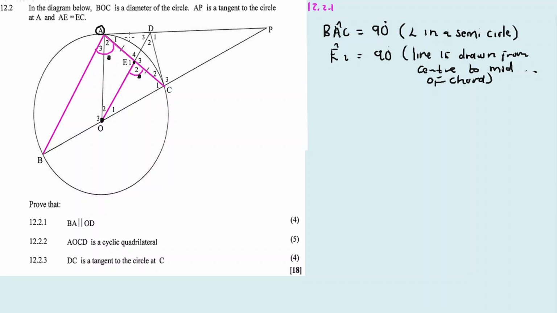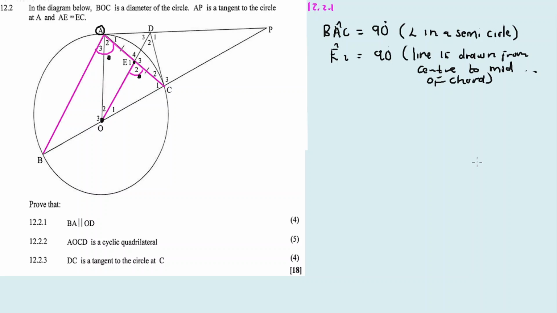From the center to the midpoint of a chord, this line AE is equal to EC. So the line bisects this chord, which is theorem 1, right? E2 is equal to BAC. So these angles are now equal, we have shown that these angles are equal.